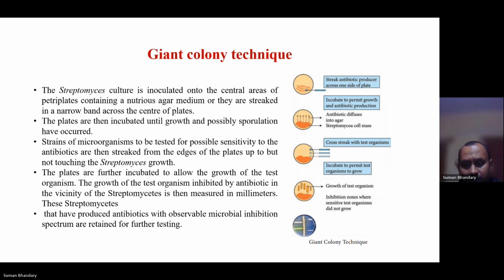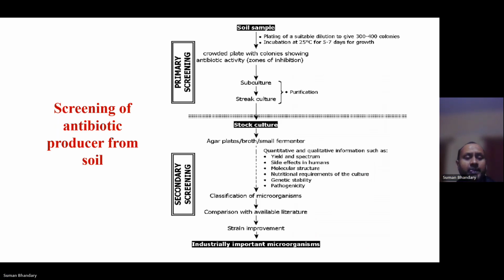So through this, we can actually develop a general method for the screening of antibiotic producers from soil. Our general outline has been mentioned here. We are just summing up both the primary as well as the secondary screening techniques. Here we have collected a soil sample.